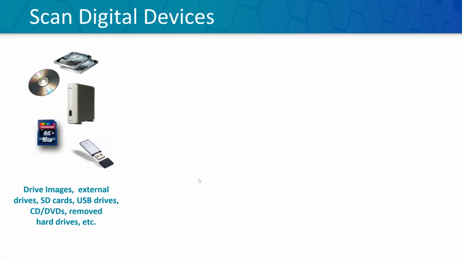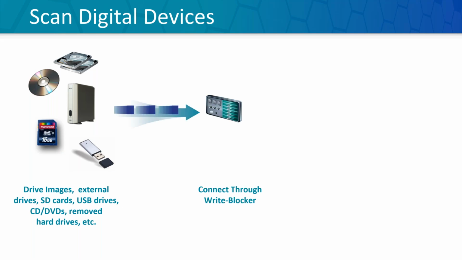So, scanning the digital devices. These are all the devices that we are going to encounter out on scene, right? Your drive images, your external drives, SD cards, USB, DVDs and such. So the way our tool works is, it works a couple of ways. Back at the lab, if you are just a bagger and a tagger, and you bring it back and you don't do any on-scene investigations or triage, that's fine.